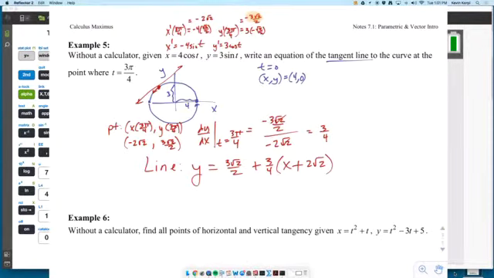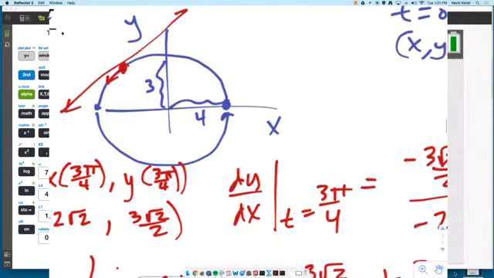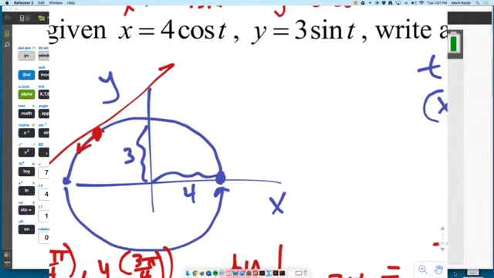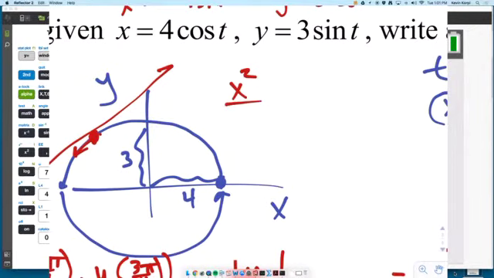Let's talk about something else real quickly here. I don't know if y'all studied this in Algebra 2, but the equation of an ellipse centered at the origin, which is what this is, is x squared over a squared plus y squared over b squared equals 1, where a is the x radius and b is the y radius.